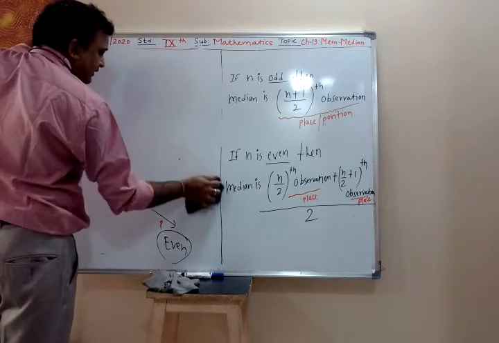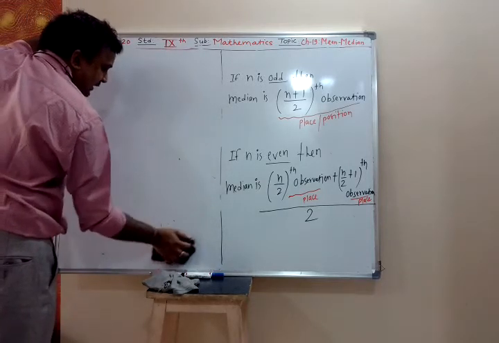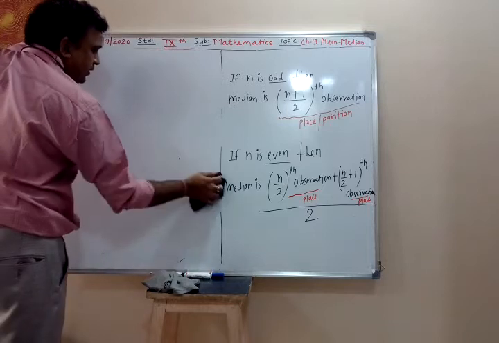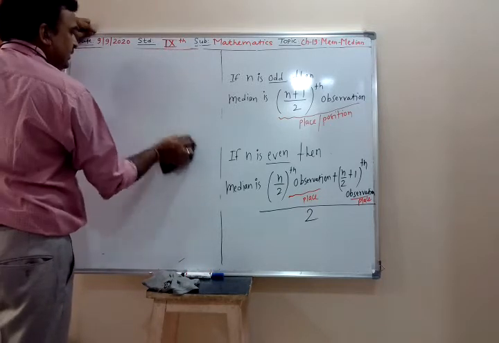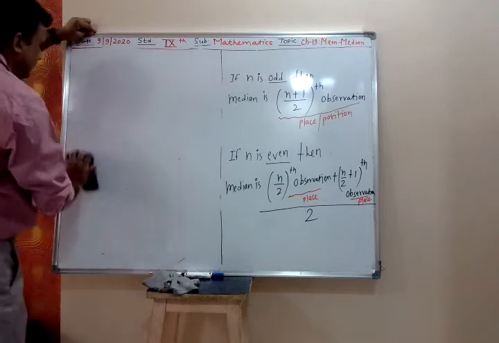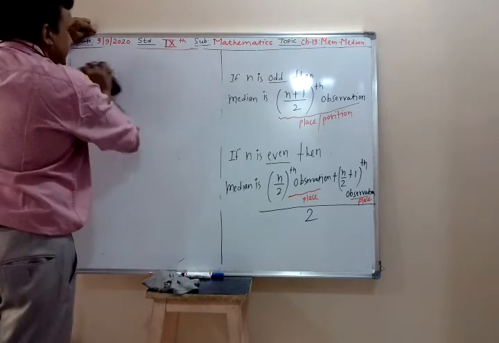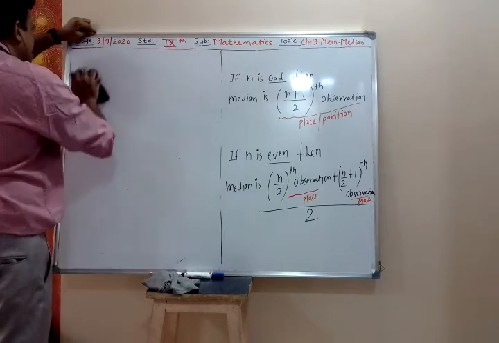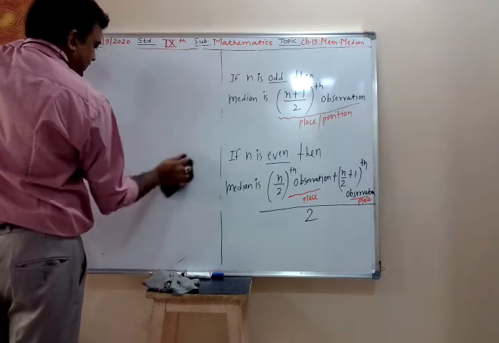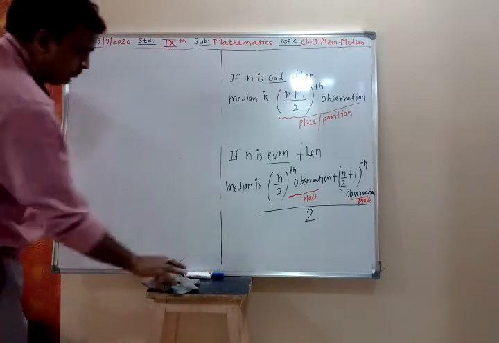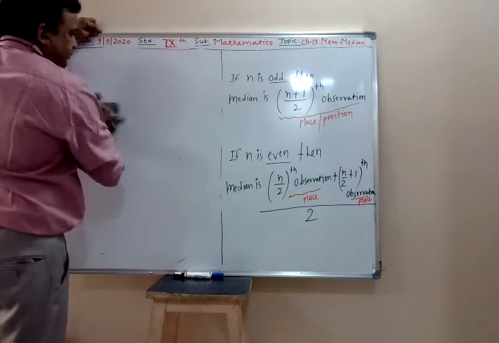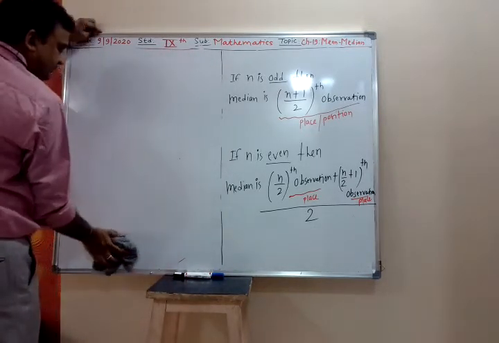That 5th, 6th, 7th will not be the median; they indicate the position of the median value. But what is the median? The value at that position. So now let us see.